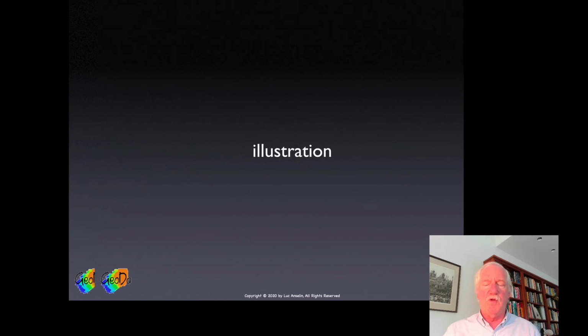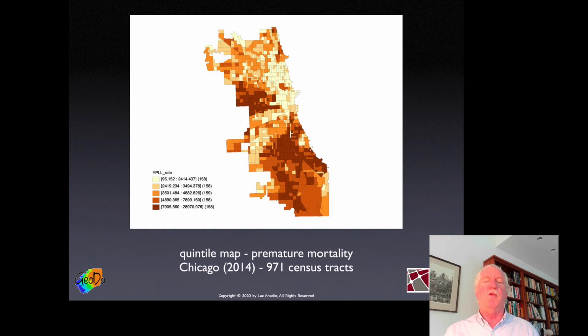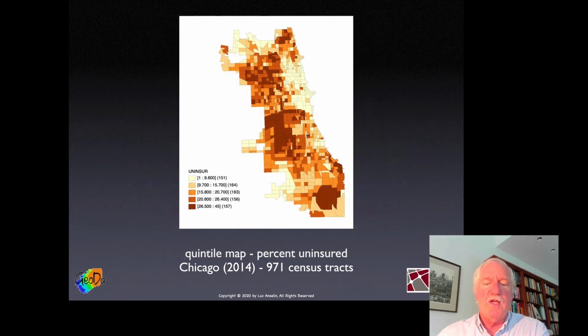And to illustrate this, we're going back to our Chicago example. We already saw this map, the premature mortality. Now we're superimposing a quintile map of percent uninsured.